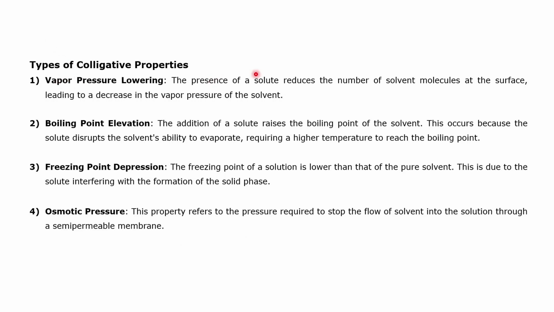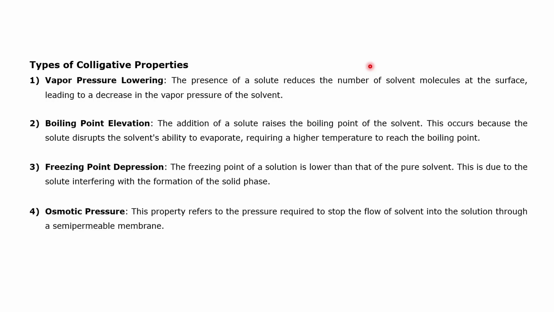The presence of solute reduces the number of solvent molecules at the surface. Basically, sometimes the solute mixes together and sometimes it does not. When you are adding a solute into a solvent mixture, the homogeneity of that solvent mixture will lower, right?